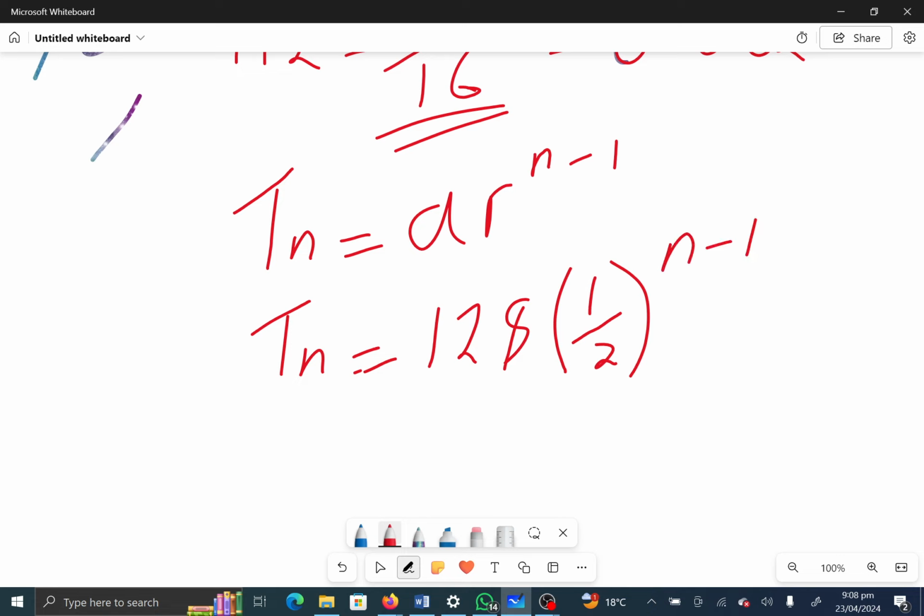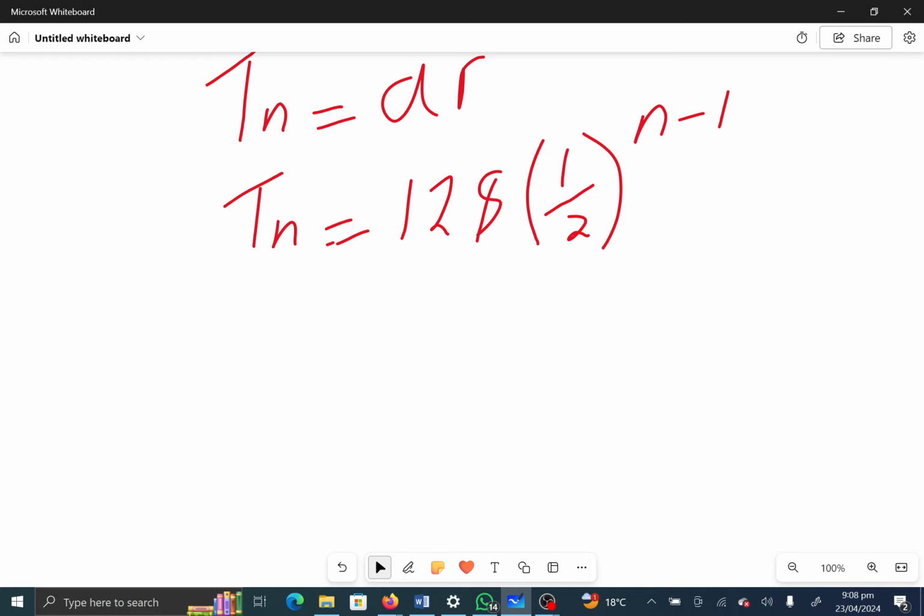We are now deriving the formula we are told to formulate. So from here, we are going to say equals.